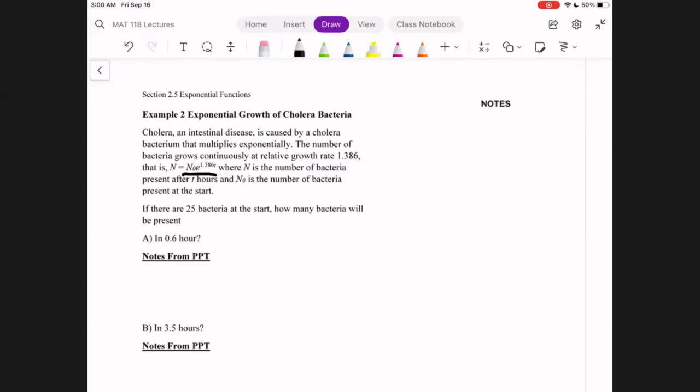So we want to think N0 is the number we start with. We start with how many? 25.